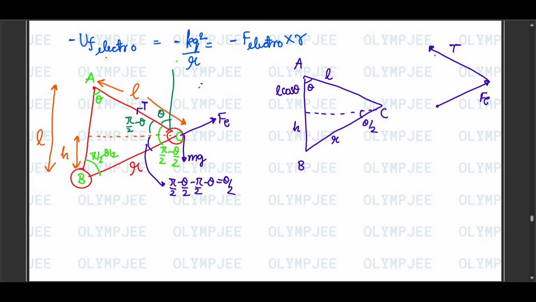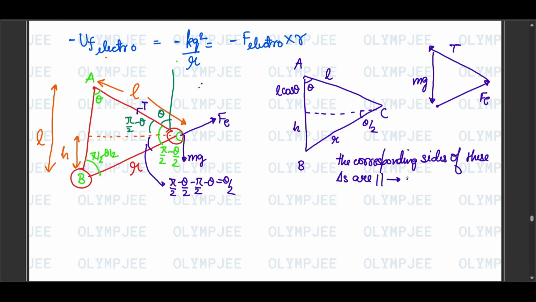Vectors can be moved anywhere, so I am moving mg here. Now since the corresponding sides of these two triangles are parallel, this will imply that they are similar triangles.